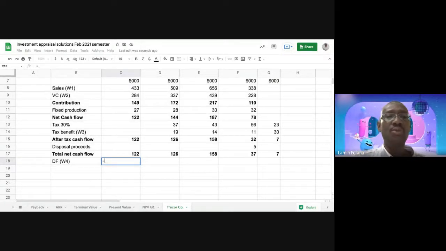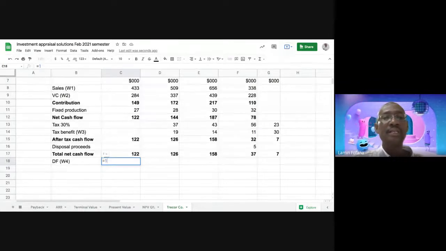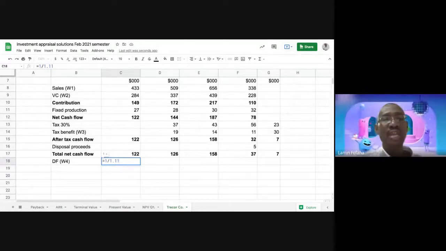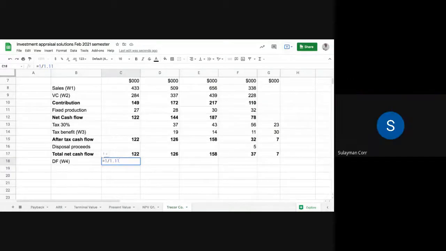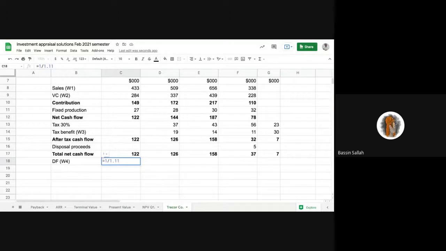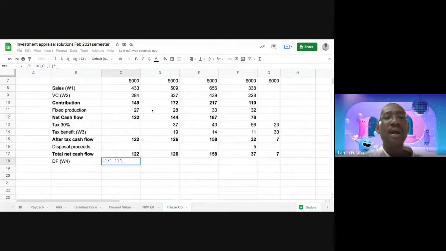So we're going to say equals 1 divided by 1.11, raised to power 1.